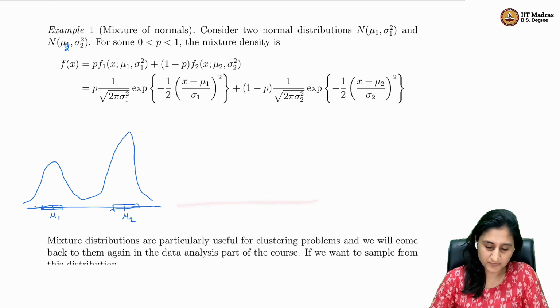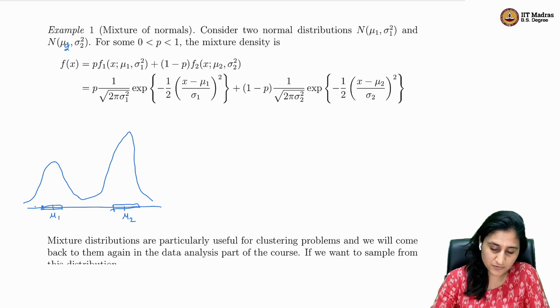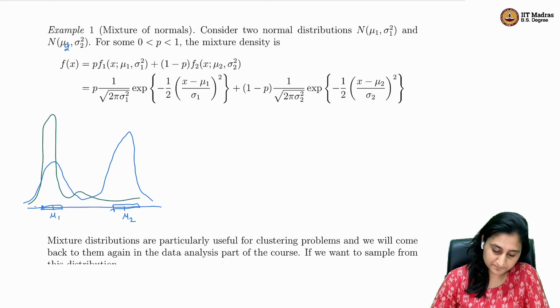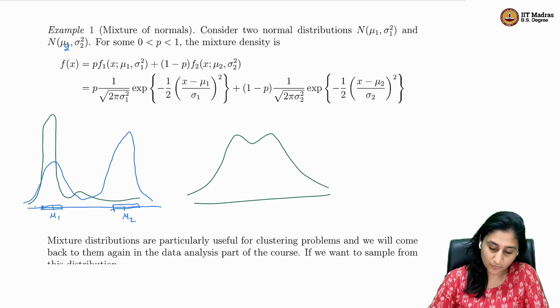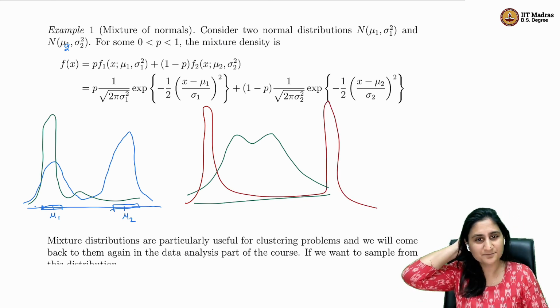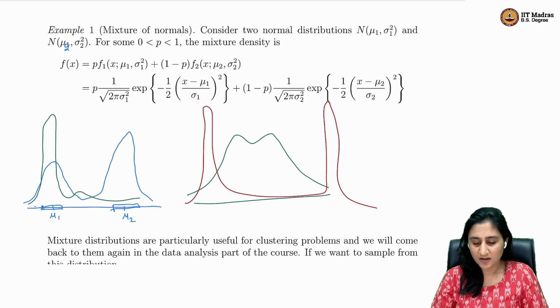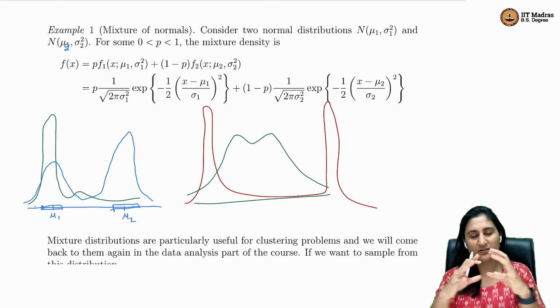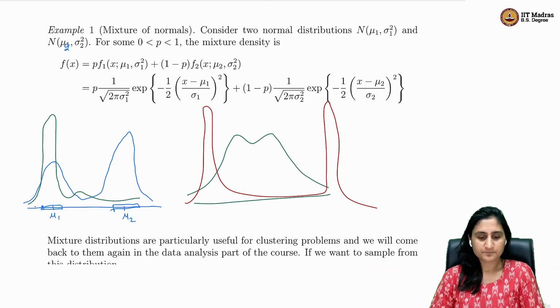For example, we could get something like this, or something like this, or something like this. It can take as many shapes and forms as you can imagine when you take two curves and mix them into each other or separate them out.